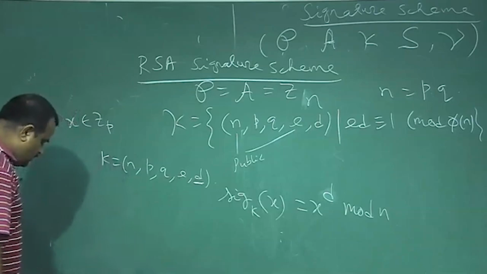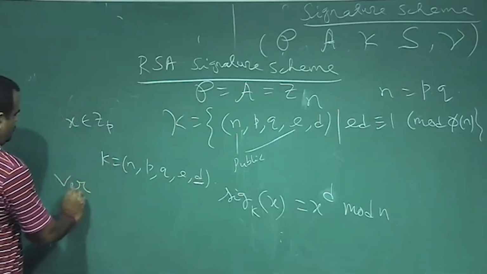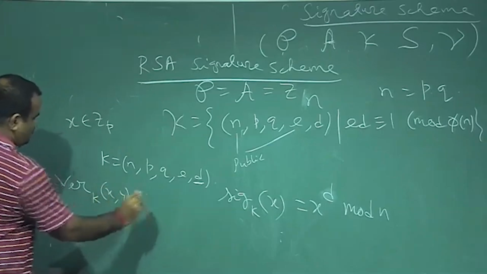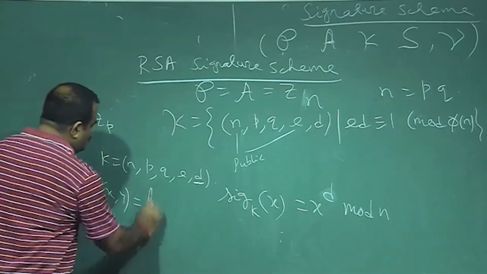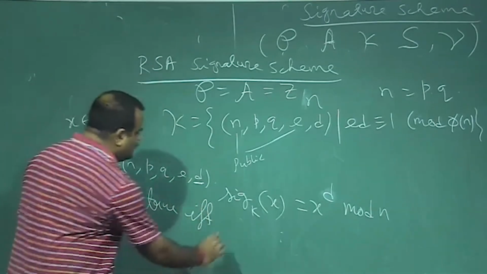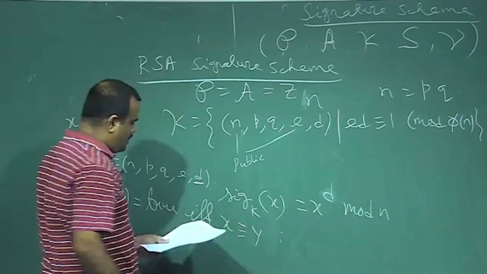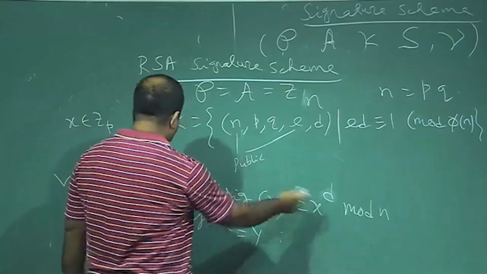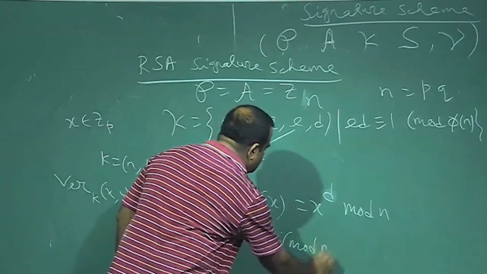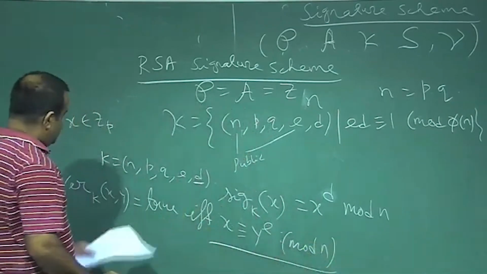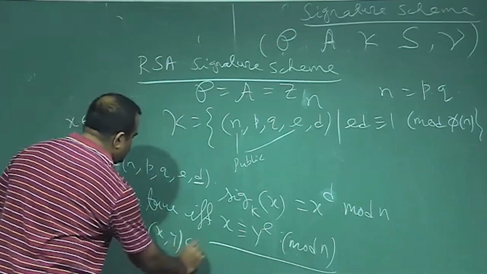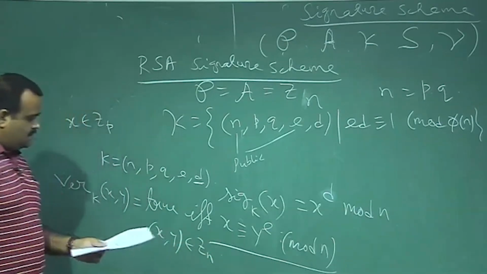Now, how can one do the verification? The verification algorithm is: if we are given x, y, it is true if and only if x is congruent to y to the power e mod n, where x and y both are coming from Zn.